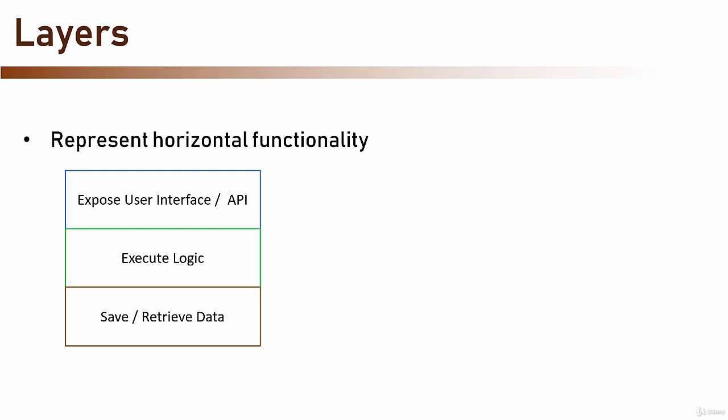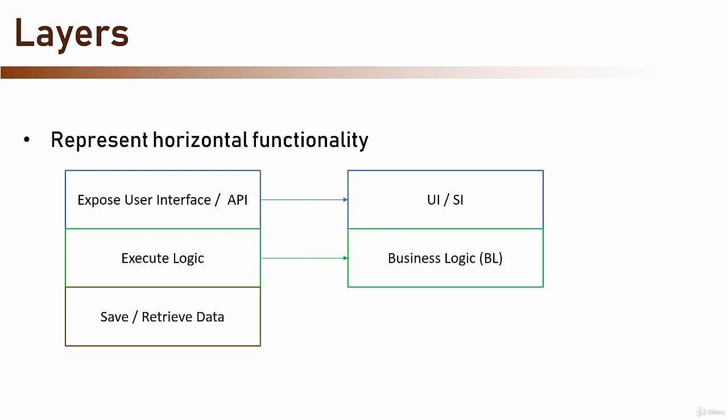Now, these three actions are usually represented as layers, where every layer has its own name. In software component architecture, these layers are called user interface or UI if the component has a user interface, or service interface or SI if the component exposes an API, business logic or BL, and data access layer or DAL. Each layer consists of various classes that handle the layer's designated task.